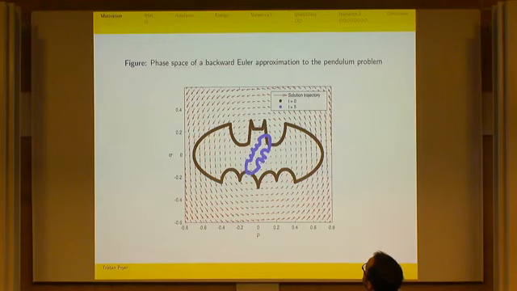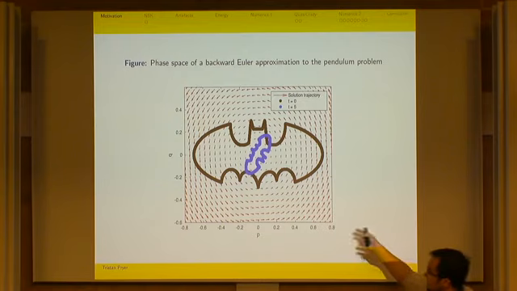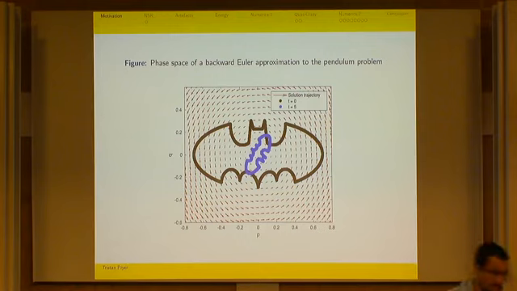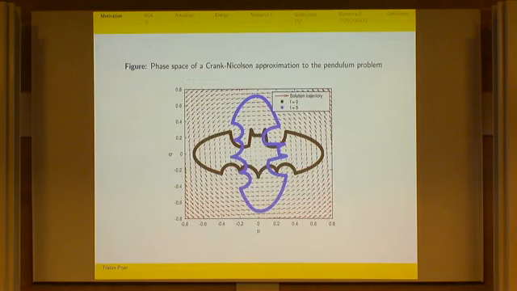Okay. And for backward Euler, what would you expect? You would expect it to dissipate, right? So the area of the blob of initial conditions decreases. And the only good one seems to be the Crank-Nicolson method, of the three that I'm testing anyway.